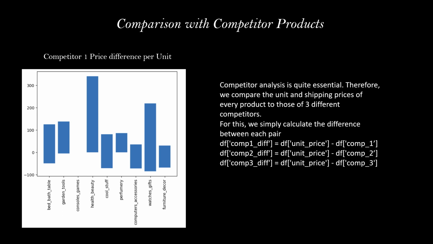As you can see on the left side, the competitor 1 price difference per unit, the gap is heavily in the health beauty products, for competitor one prices compared with the normal price of the product.